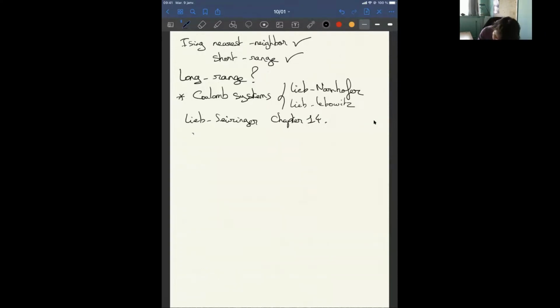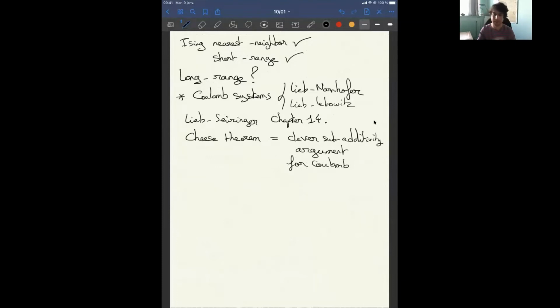And they use what is called the Cheese theorem, which is really a very clever subadditivity argument for Coulomb interactions. I mean, it has nothing to do with Coulomb or with statistical mechanics. It's a purely geometric construction that is used in that context. Okay. It allows you to do subadditivity.